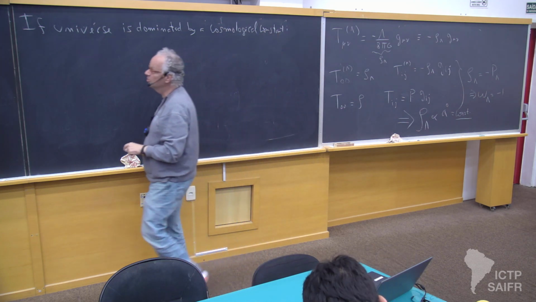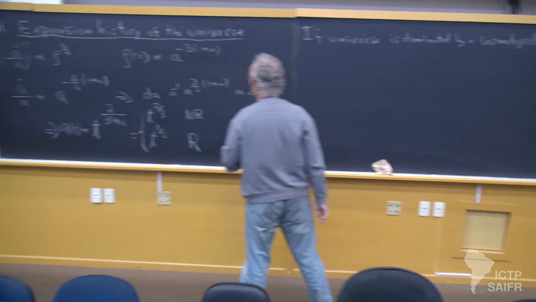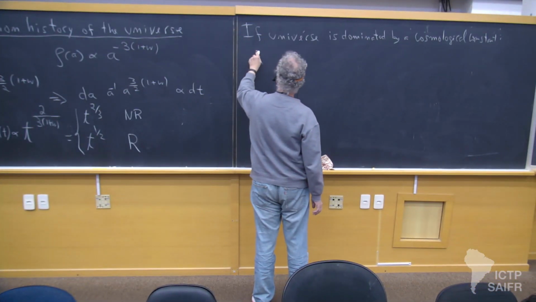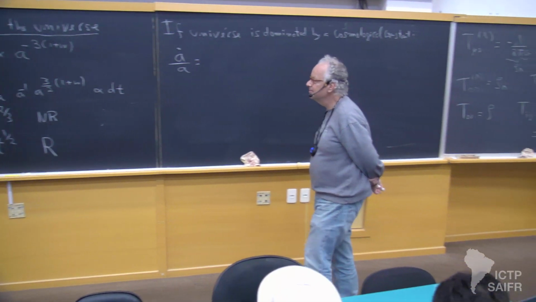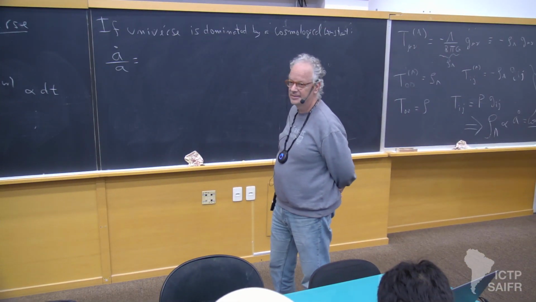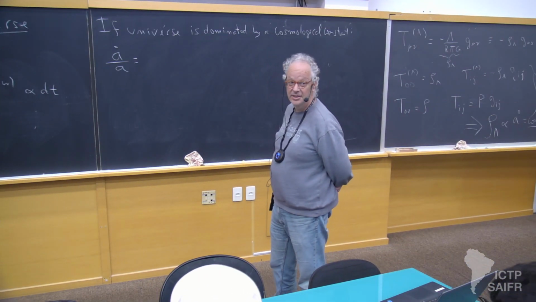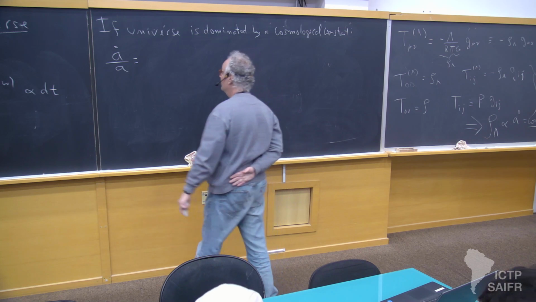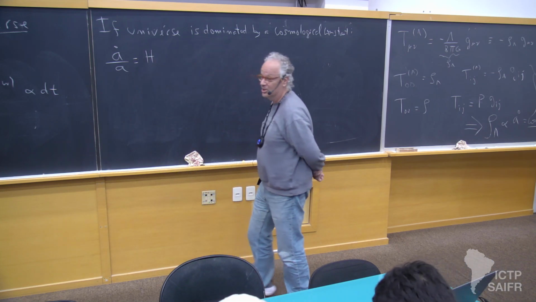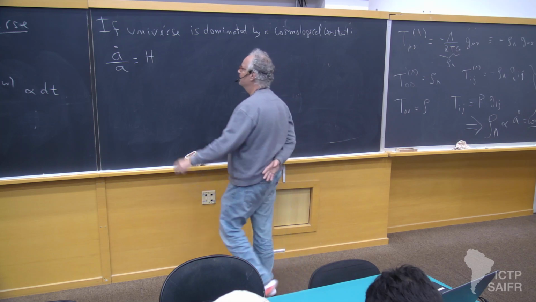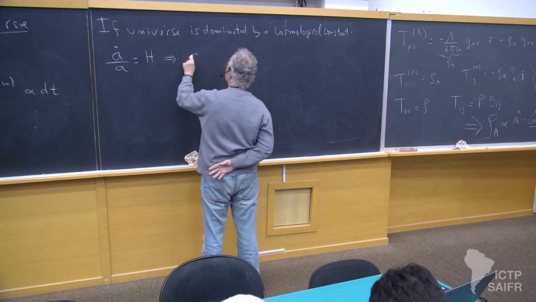Then what happens to a dot over a, if the universe is dominated by a cosmological constant? It's a constant, which I call H now. And what's the solution to this equation?